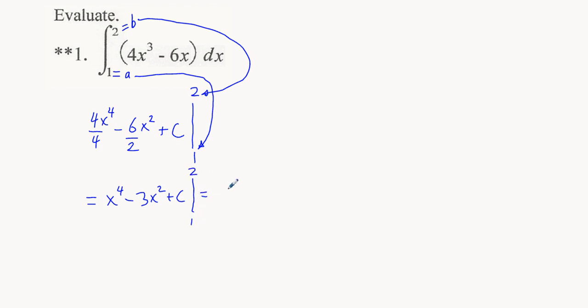Now, working to the right, we put in f of b, and that's going to be x, which is 2 to the 4th power, so we just put in that 2 here, minus 3 times 2 squared, and that 2 also goes in for this x, plus c.